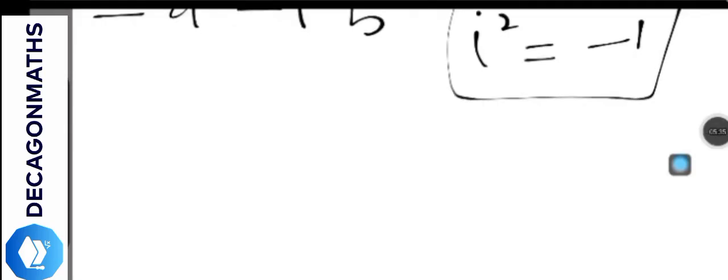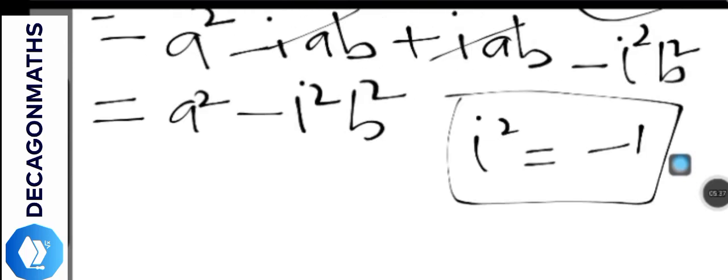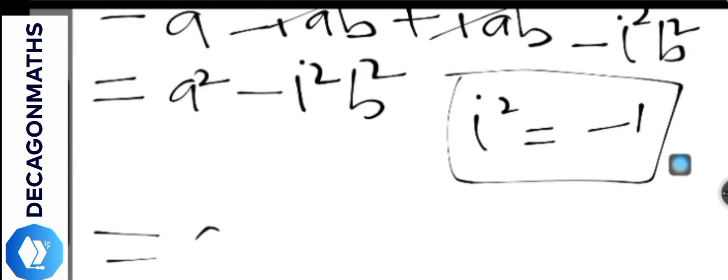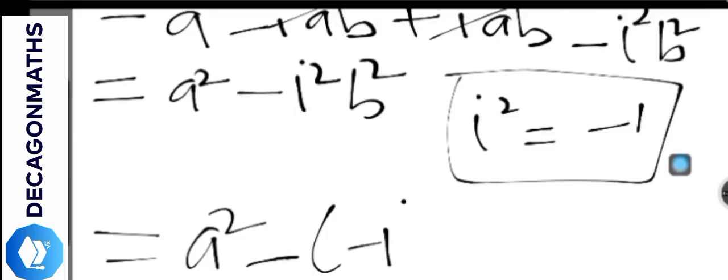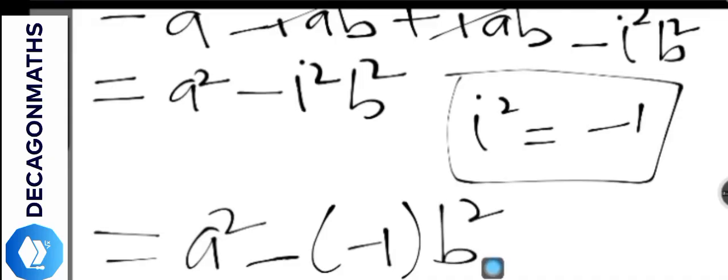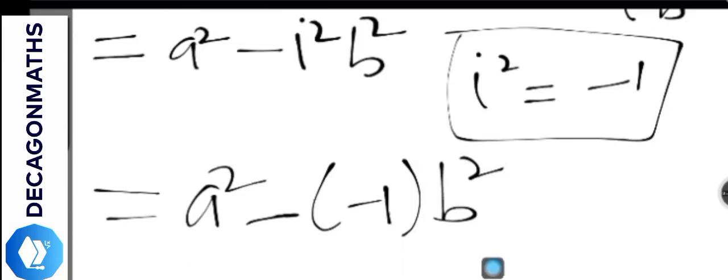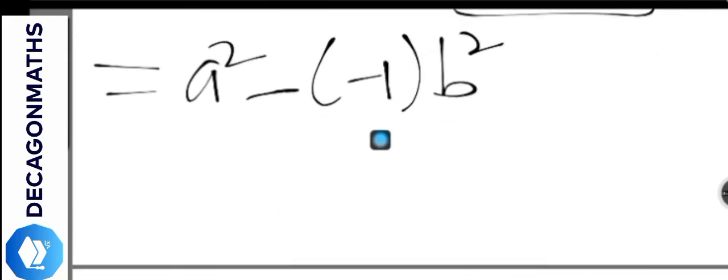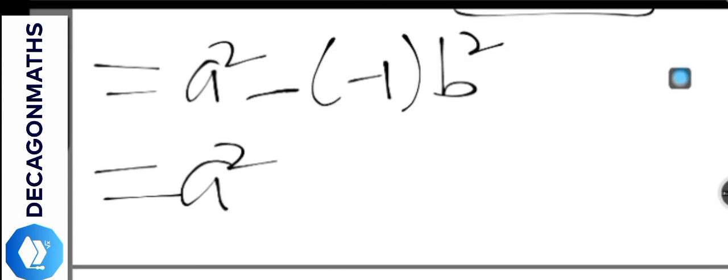So then we're going to fix it here. Here we have that this equals a squared minus, in bracket, minus 1, because i squared is now minus 1, so then b squared comes here, so we write b raised to power 2. So from here, minus times minus gives positive, so we have a raised to power 2 plus b squared.